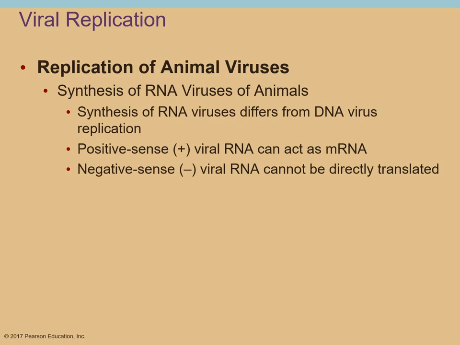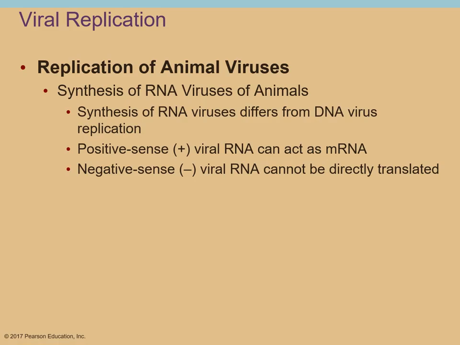With RNA viruses, we refer to the RNA strand as either positive or negative. Meaning, is it a positive sense or negative sense? The positive, think of it as kind of like mRNA, because that's how it's going to act.